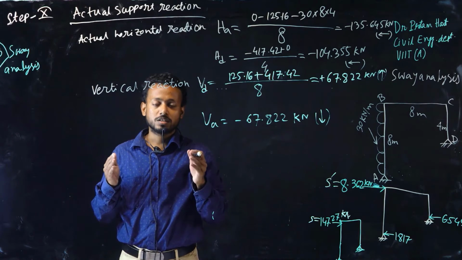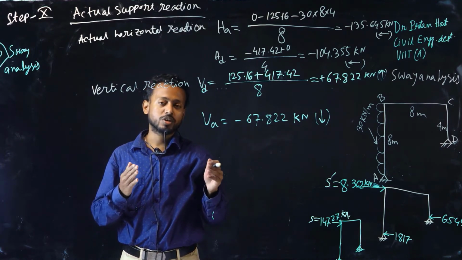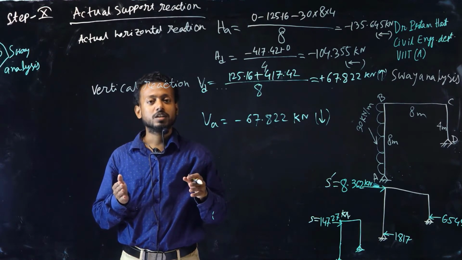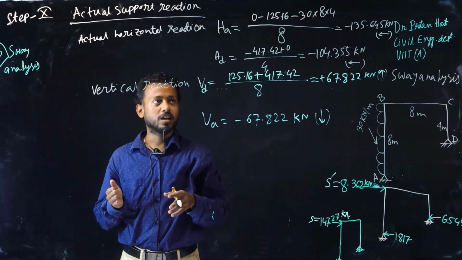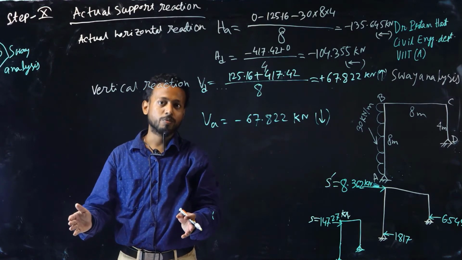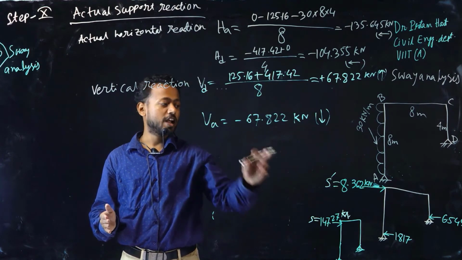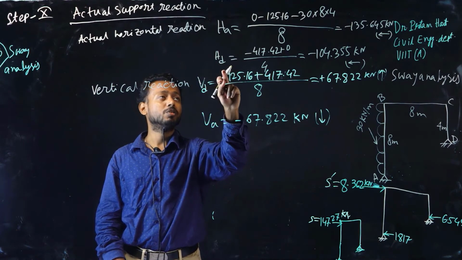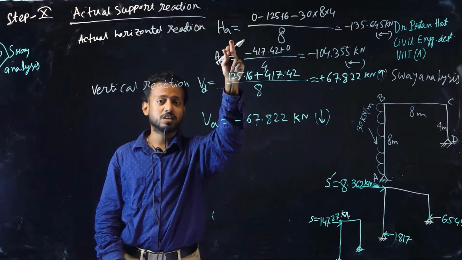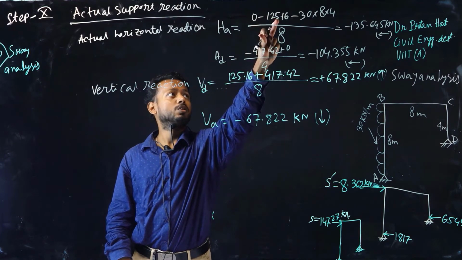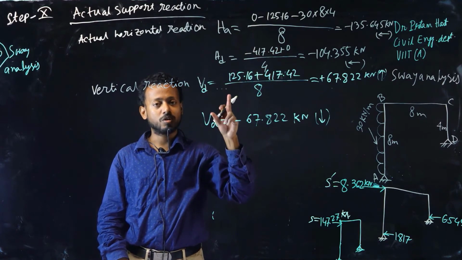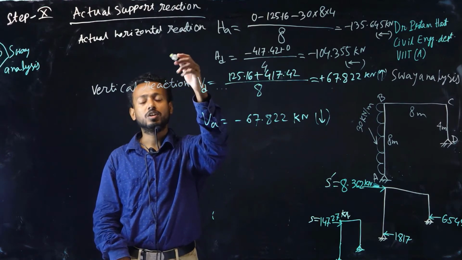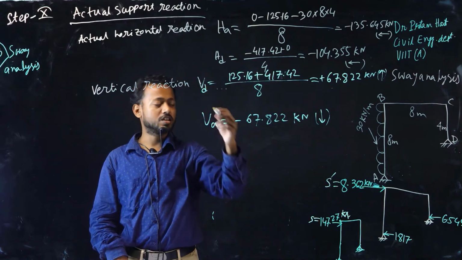We have calculated non-sway analysis and sway analysis, the sway force in each, and after that we corrected and finalized the final moments. From the final moments, we now calculate the horizontal reaction at A and D. Horizontal reaction equals MAB plus MBA plus the moment of forces on AB about B. Now we will consider this external force, because this is the final horizontal reaction at A and D.